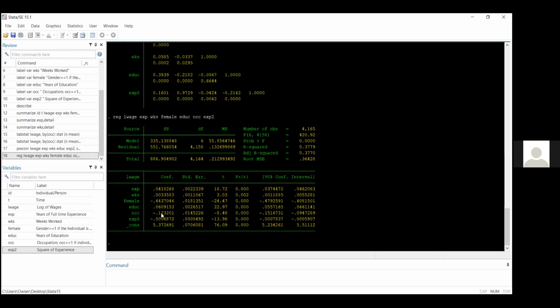I'm using a percent here again because the dependent variable is in log. So you have to always be careful when we are talking about these issues. If all these were in logs, then it will be percentage as well.